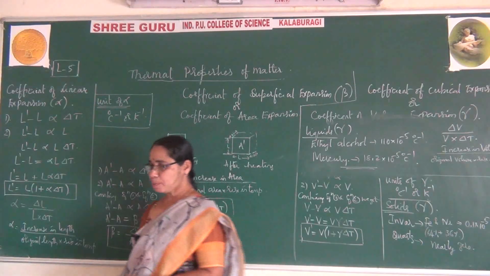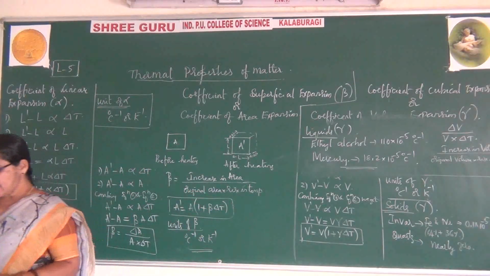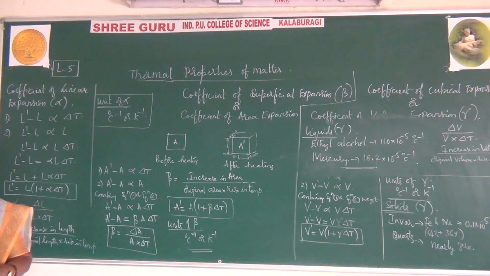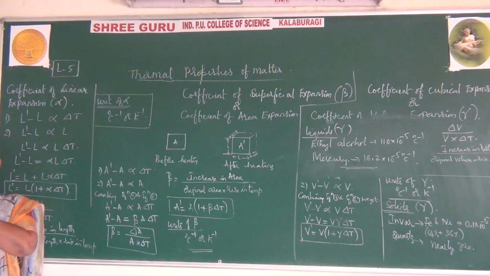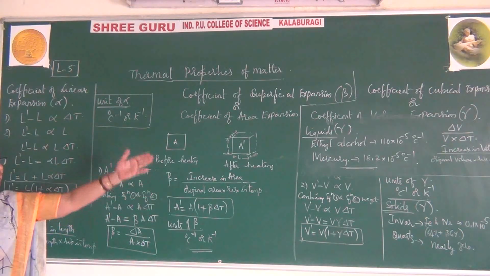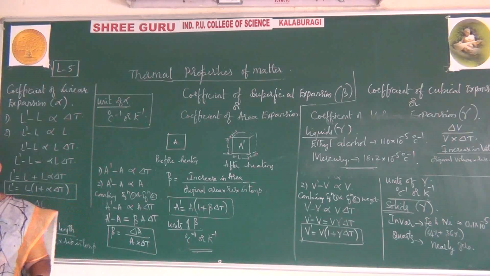Okay, now one more point I want to say today regarding the coefficient of volume expansion. I gave examples for coefficient of volume expansion, one for solids and one more for liquids, right?